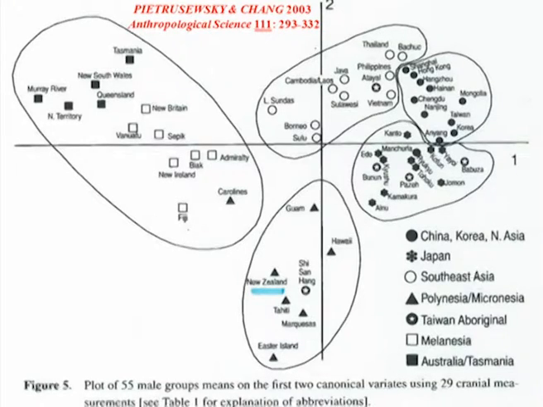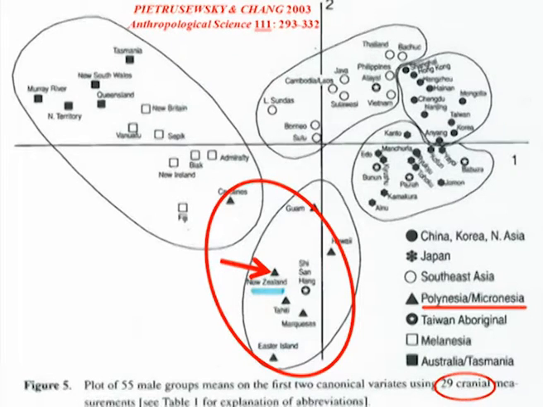Now, this approach has been used by many physical anthropologists. Here you have the results of somebody who did extensive studies on skulls of populations, mainly of Asia and the Pacific, Pietrusewski. His main result used 29 measurements, so a very detailed study. The position of the New Zealand Aboriginal people is here, so it belongs to the wider ensemble of the Polynesian populations.